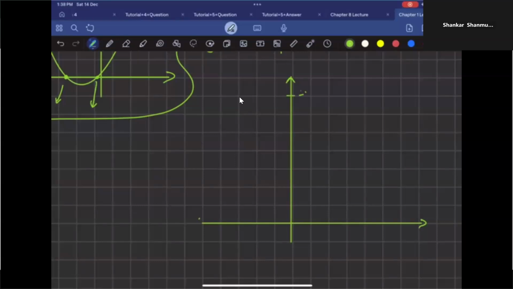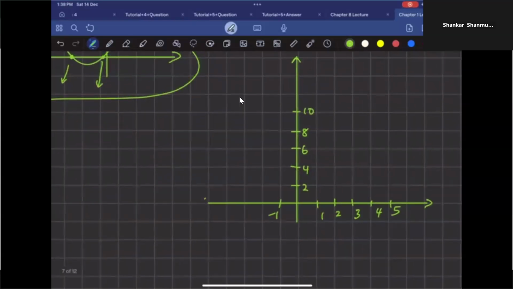So, 10, 8, 2, 4, 6. Okay, and then once you plot, you should get a nice quadratic graph.